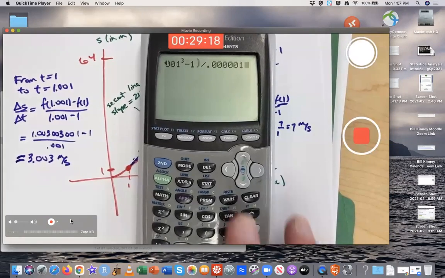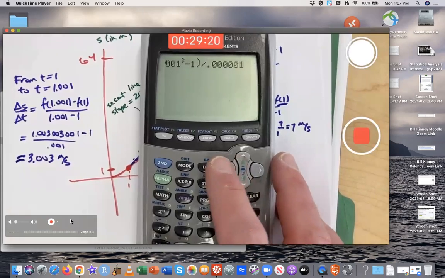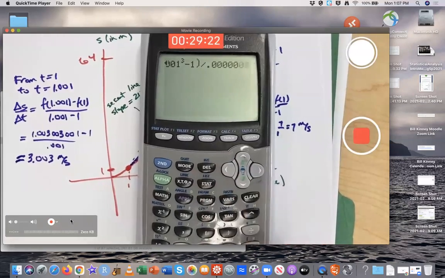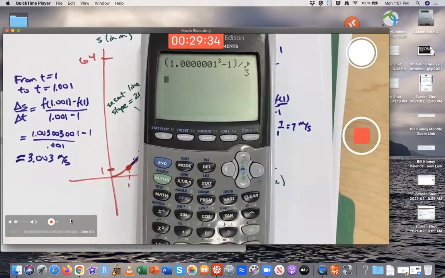Oops, I forgot a 0. Three. Really? Exactly 3? Actually, that's rounding. The calculator is rounding. It's not exactly 3, but it's so close that it's saying, well, it's effectively 3.